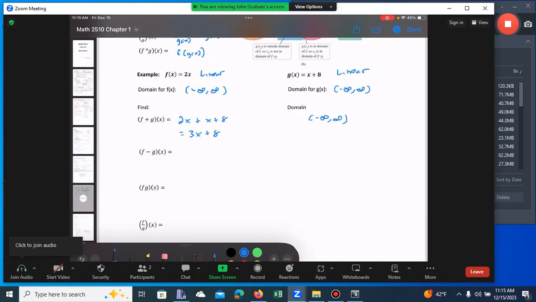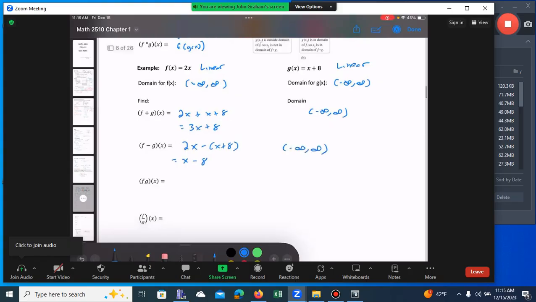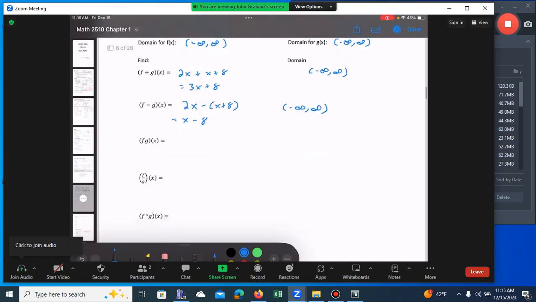If you do f minus g of x, then you do 2x minus x plus 8, and you do the subtraction, you get x minus 8. Again, domain is all real numbers. If we do f times g of x, 2x times x plus 8, distribute, 2x squared plus 16x.